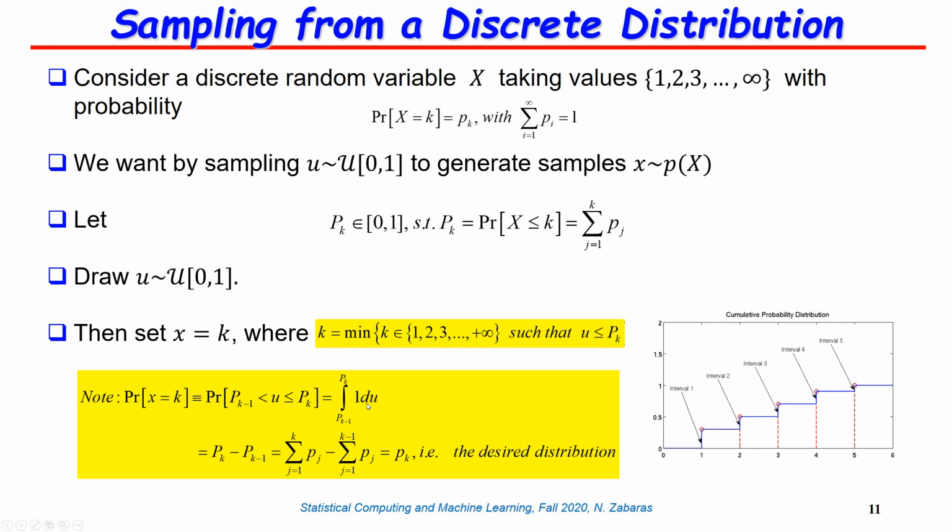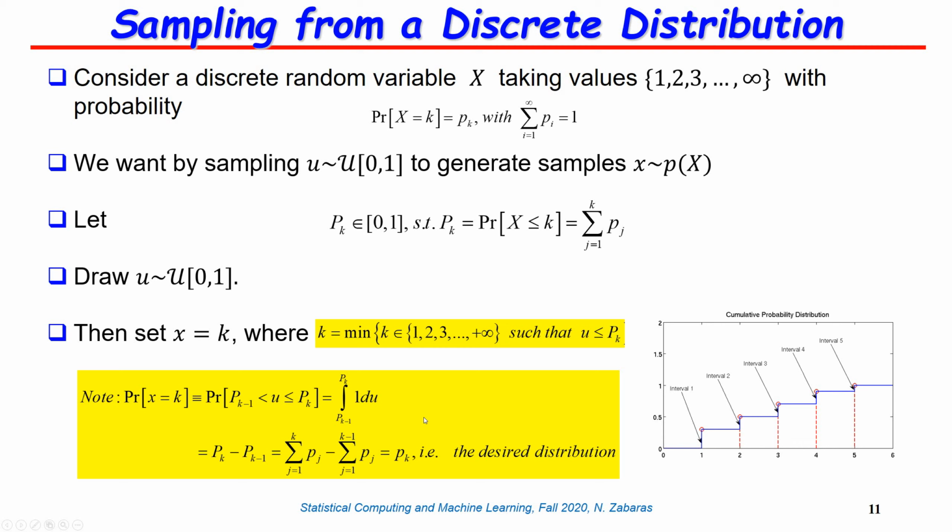Because u is a uniform random variable with PDF 1, I can write this as the integral of du from capital P_{k-1} to capital P_k. So I can write this as capital P_k minus capital P_{k-1}. I use the definition of the CDF. This is the summation of the p_j from 1 up to k, and that's the summation of the p_j from 1 to k minus 1. If you subtract the two, you get that this is equal to little p subscript k, which is the correct probability.